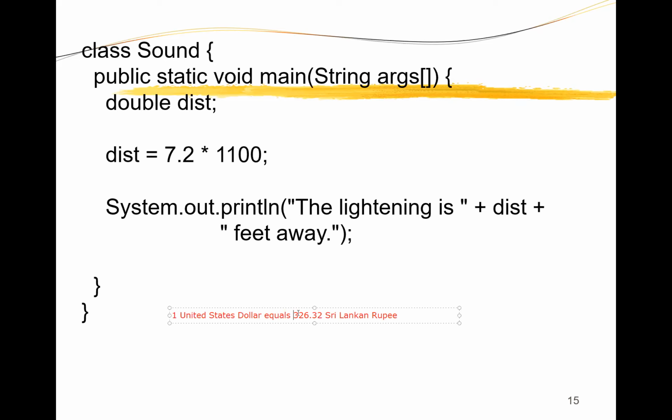Then write a calculator where you can give the number of dollars you have, and it should display the worth in LKR. The other thing is you should assign to a variable the Sri Lankan rupees you have, then find how many dollars you can get. Right, quickly write it.